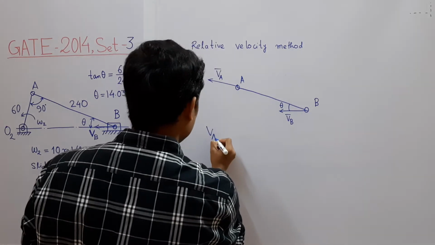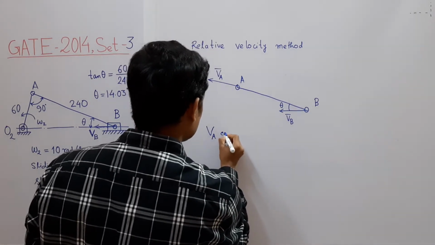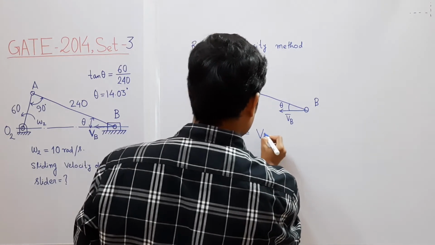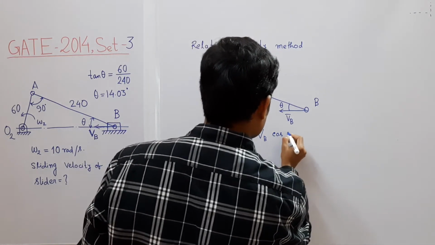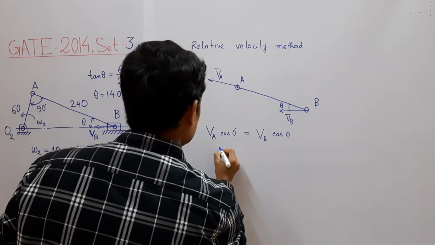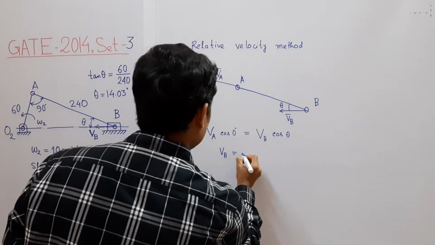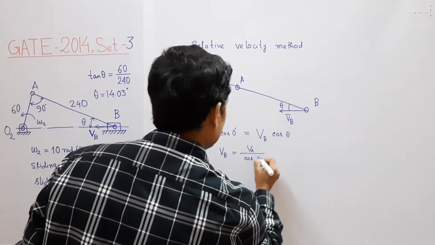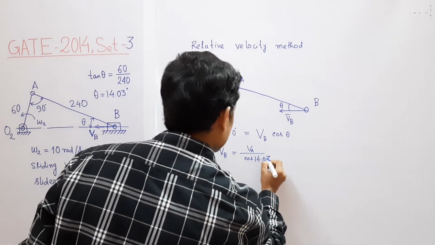So what is component of VA along AB? That is cos of 0 degree is equal with VB cos of theta. So VB cos 0 is 1, VA by cos of theta, theta is 14.03 degree.